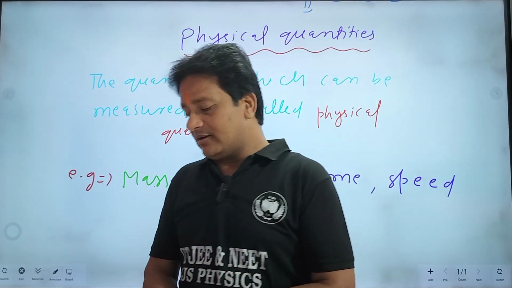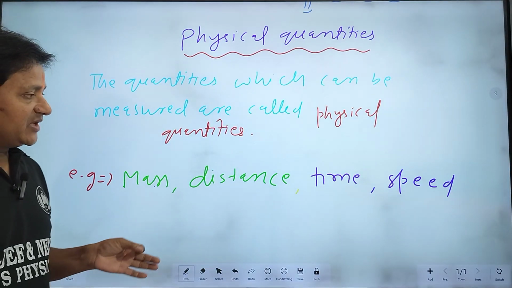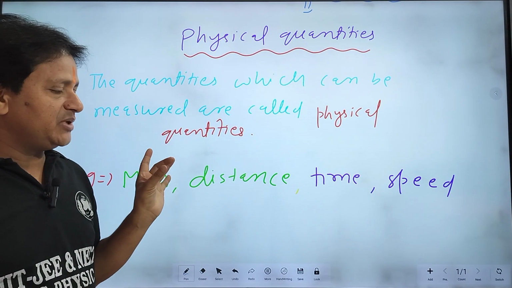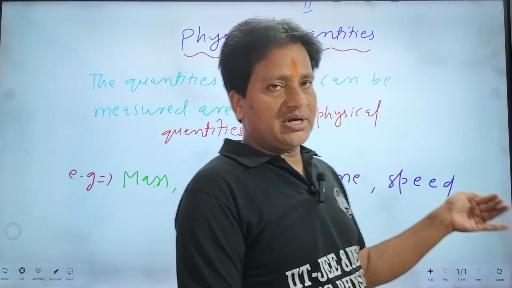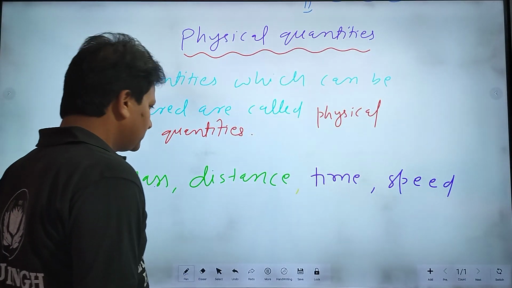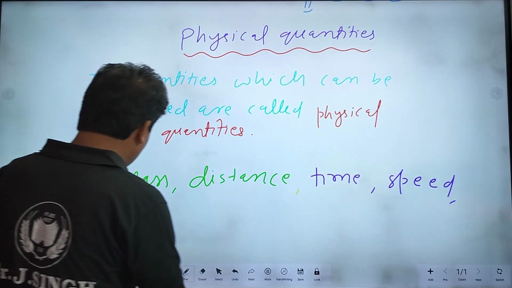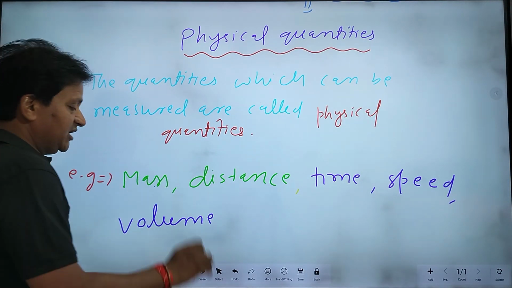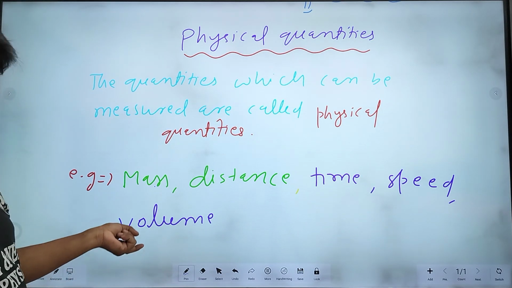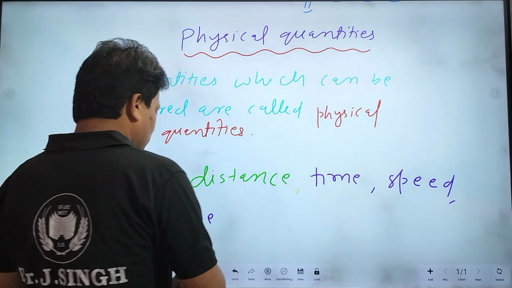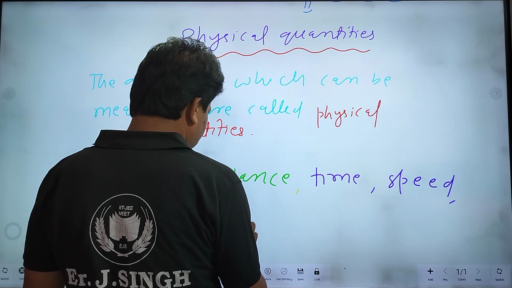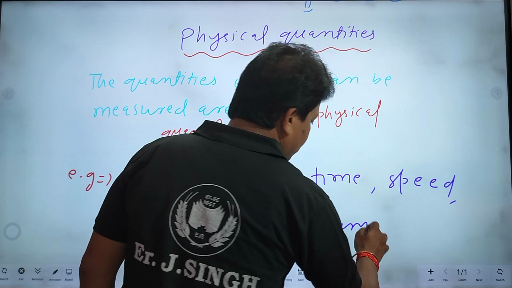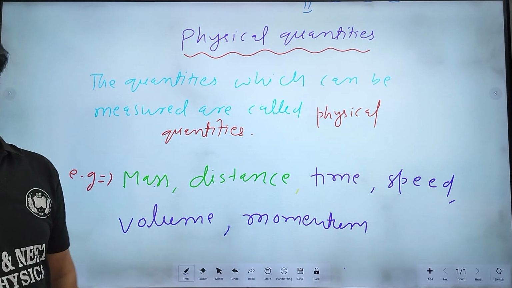In any vehicle, a speed can be measured with the help of a speedometer in kilometer per hour. Volume can be measured in liter, milliliter, etc. Momentum can be measured in kg meter per second.